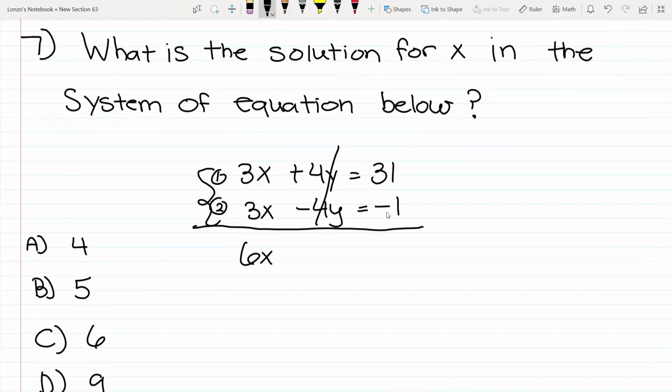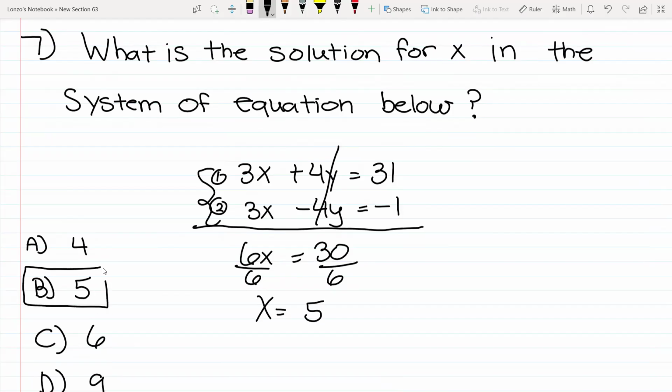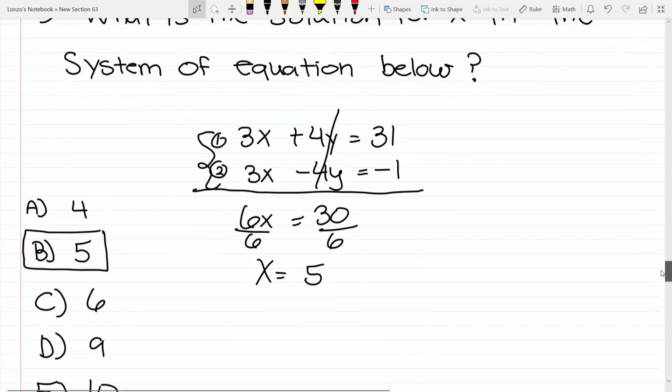What's 31 minus 1? 30. And then solve for x by dividing both sides by 6. So you get 30 over 6, which is 5. Okay, so that is why it's B. Good? Perfect. Okay, so let's move on to question 8.